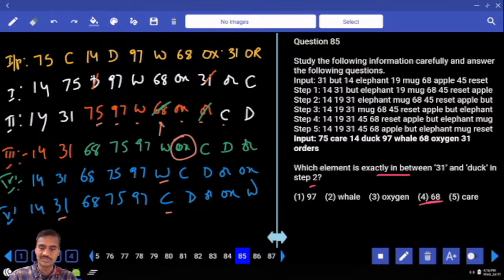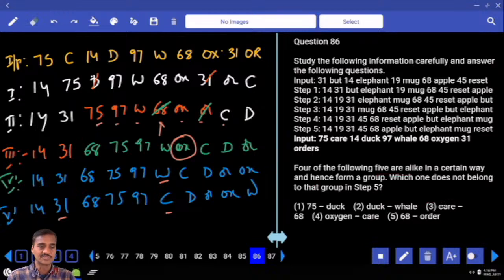And next one, 86, odd one out. 75 and duck in step 5: 1, 2, 3, so 3 positions to the left hand side. Duck and whale, 3 positions left hand side. C and 68, and 68 is 3 places to the left of C. Then what is the next choice we have?